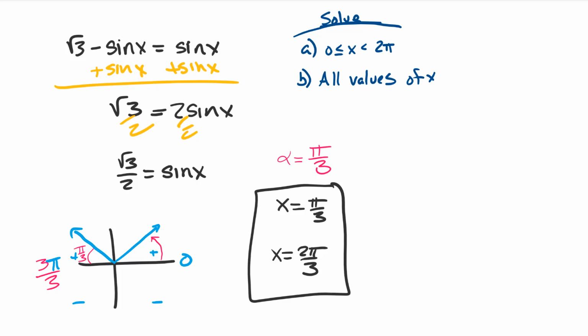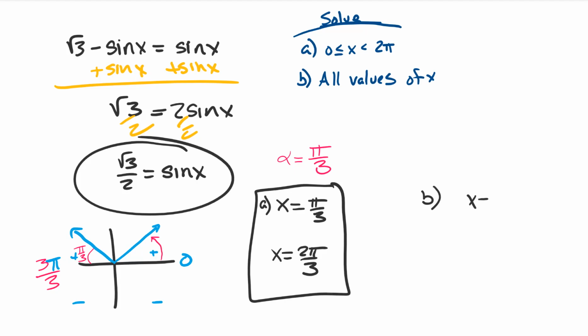But if we remember from before, this is for part A, if we add 2 pi to any one of our answers, because we're dealing with sine, we're going to continue to get the same output. So we could say x is equal to pi over 3 plus 2 pi n. I usually write k, but they use n, so I'm going to continue to use this. And x is equal to 2 pi over 3 plus 2 pi n. We will get those two solutions.